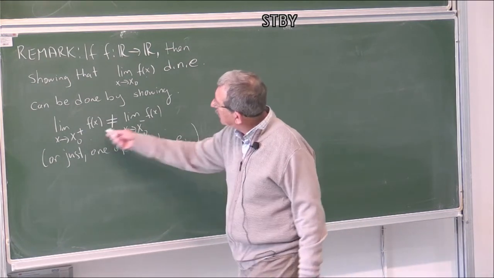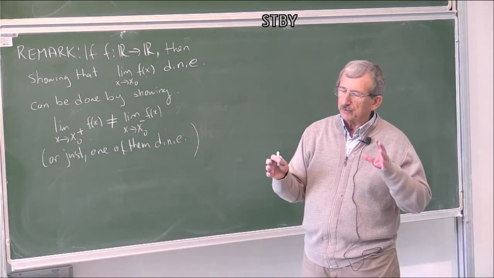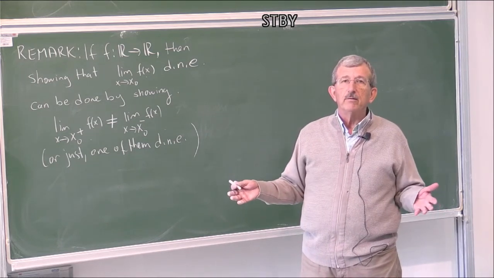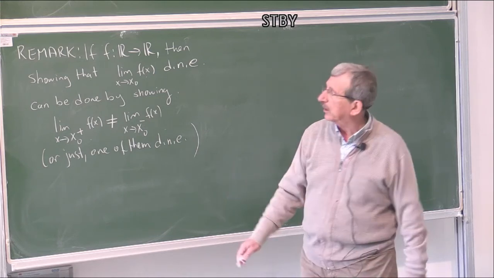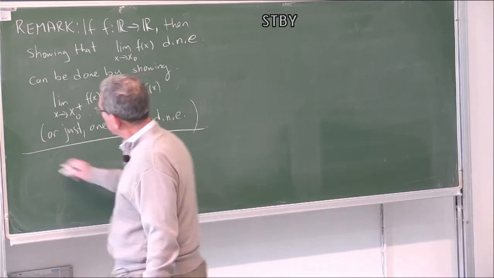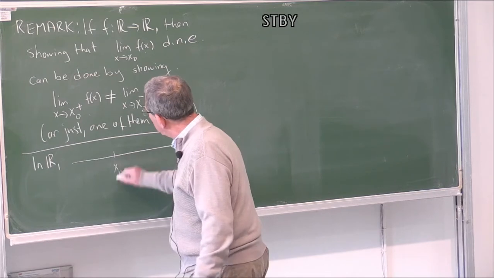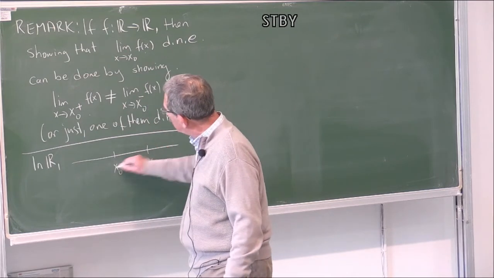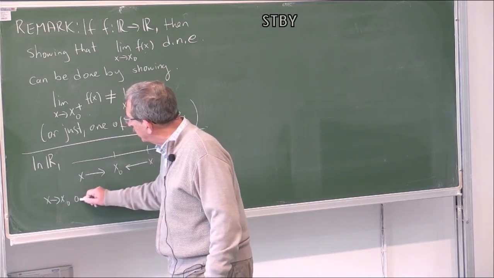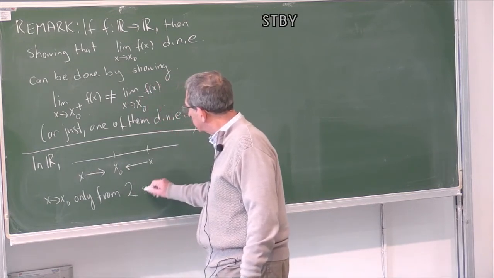Why do the right and the left limits matter? Why are they important? Is there a third way? No. Because in R, if you look at x0, x can go to x0 only from two sides.